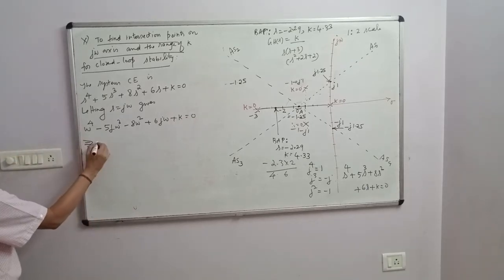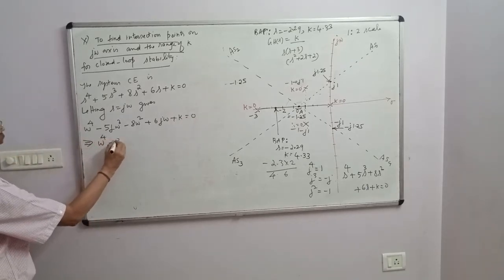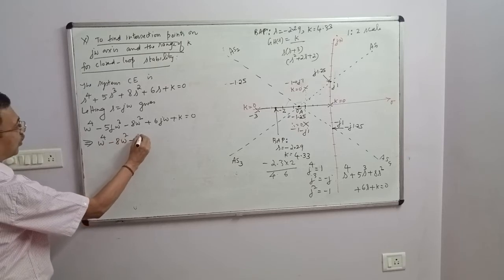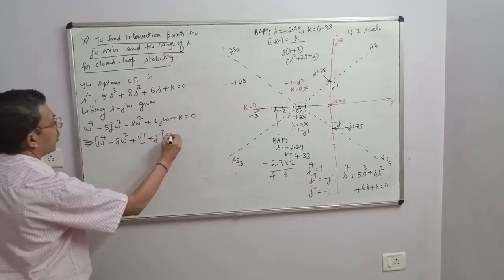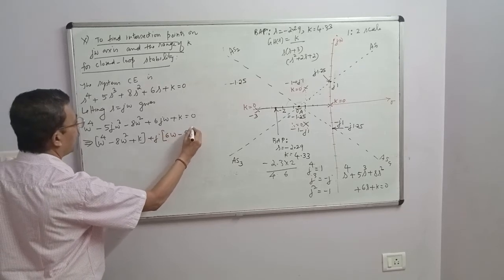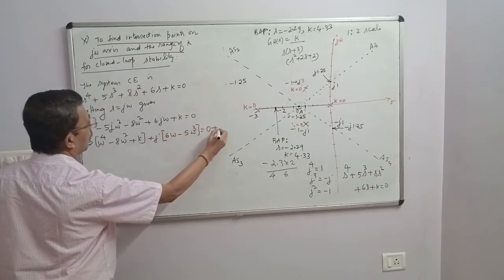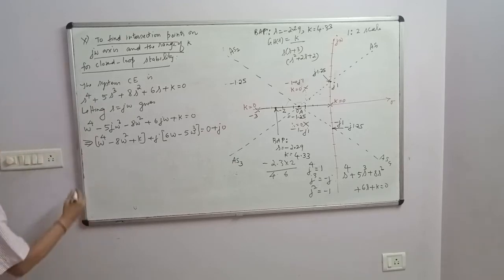Collect real and imaginary parts separately: omega to the power 4 minus 8 omega square plus k, plus j times 6 omega minus 5 omega cube, is equal to 0 plus j0.